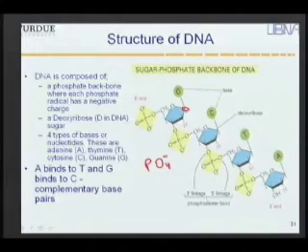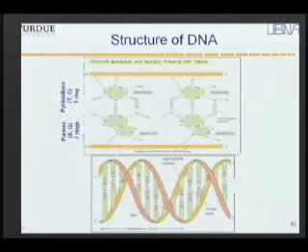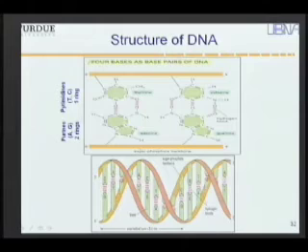So what happens is that you have 2 of these strands, and this line right here just shows the sugar phosphate backbone schematically. And here are your bases. So this is your T and this is the A. A only binds to T because the bonding is through 2 hydrogen bonds, whereas G and C bind to each other with 3 hydrogen bonds.